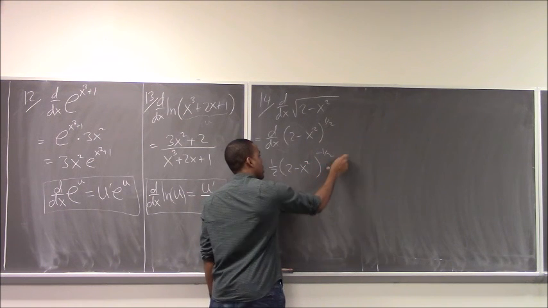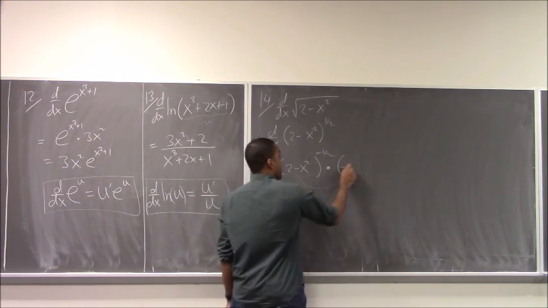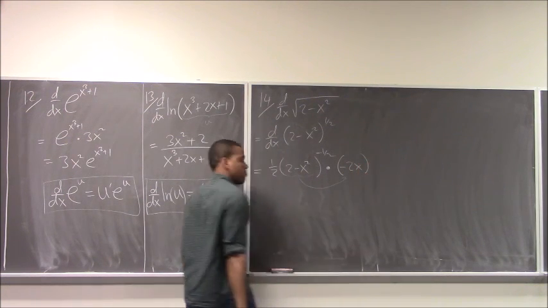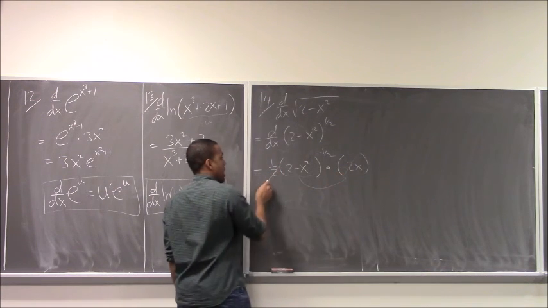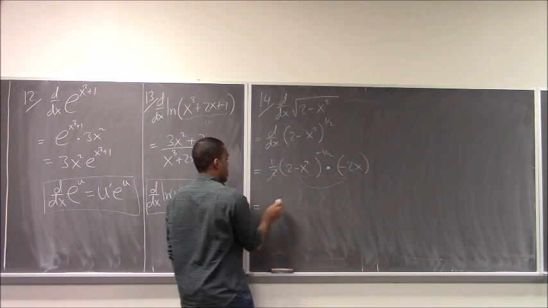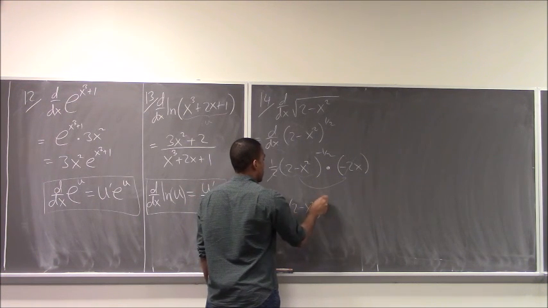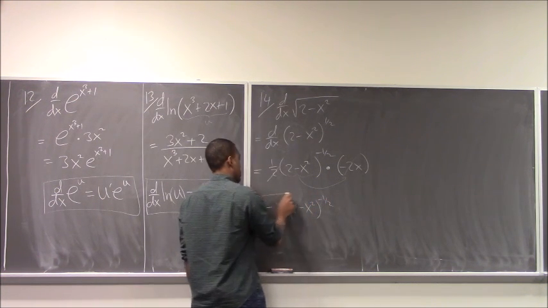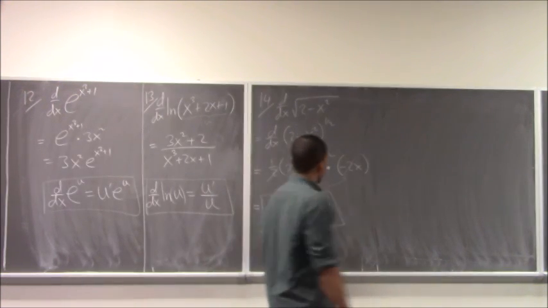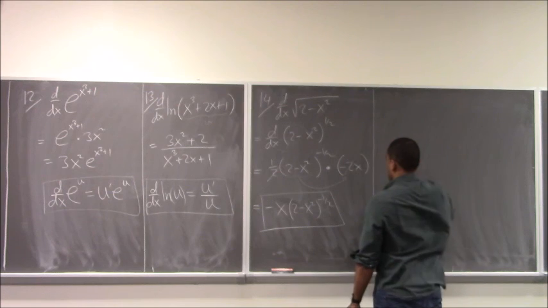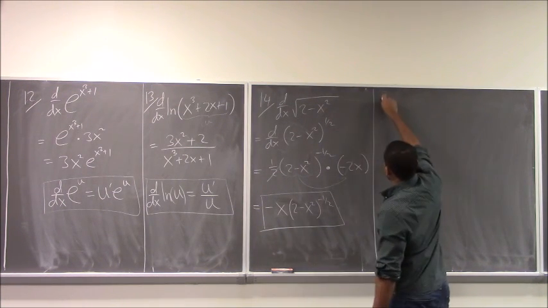Then you multiply by the derivative of the inside, which in this case is just minus 2x. I can multiply that 2 by the half, and so this just becomes minus x times 2 minus x squared to the minus 1/2. See, tons of examples here.